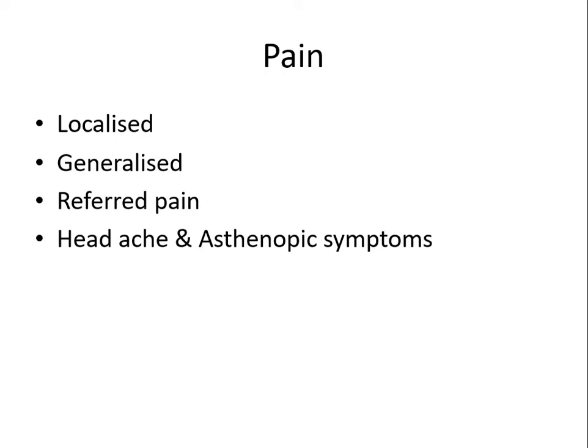The cause could be as simple as a tight headband to an intracranial space occupying tumor, a serious condition. So you have to ascertain whether the loss of vision is associated with pain. If it occurs along with pain, you should ask whether it is localized to one eye or generalized to the whole body, and whether there is a referred pain.